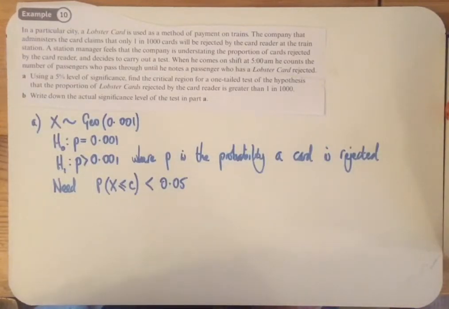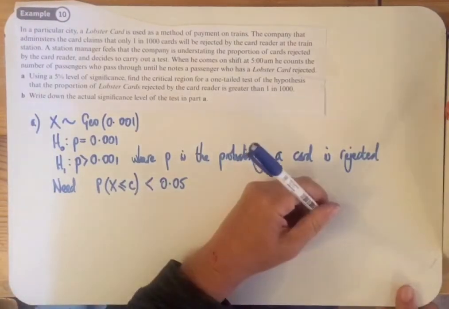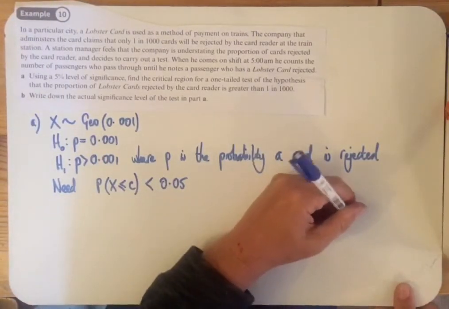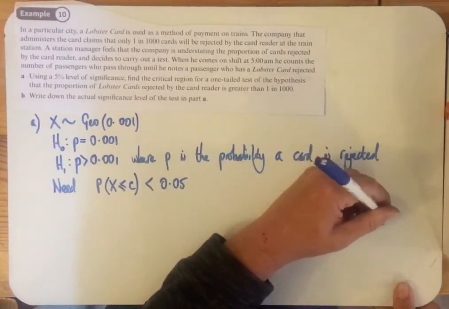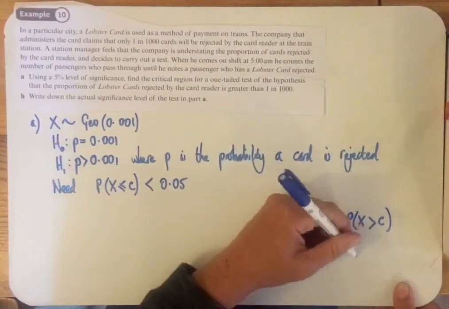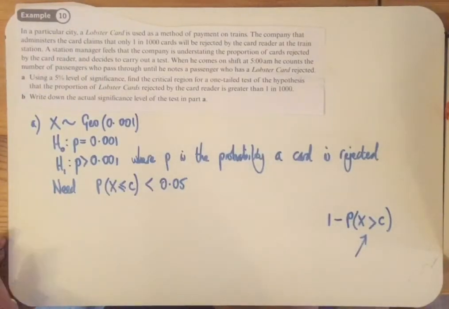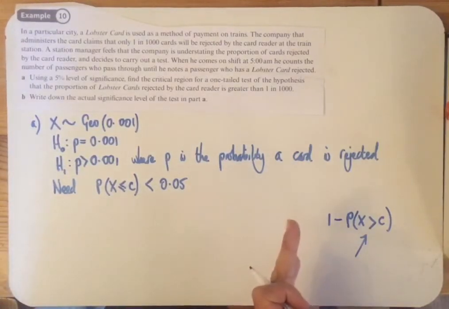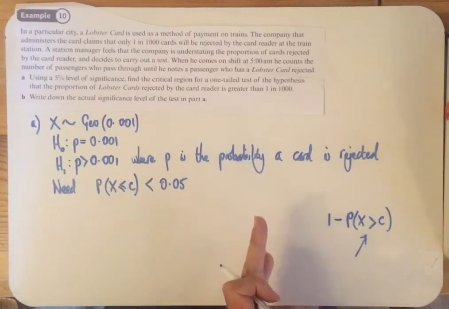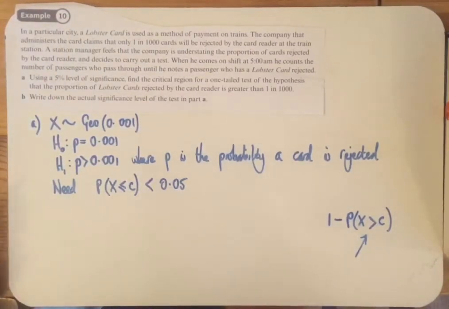So the probability X is less than or equal to C. This is 1 minus the probability X is bigger than C. And if X is bigger than C, then you will have had C times where it's been accepted. And then the rejection will come after that.